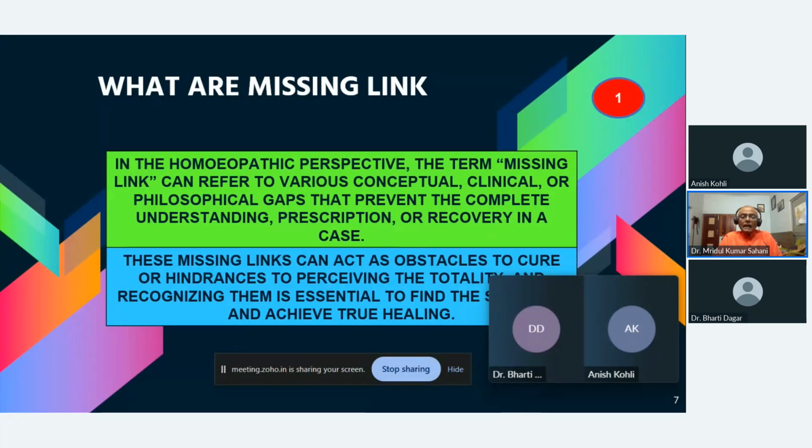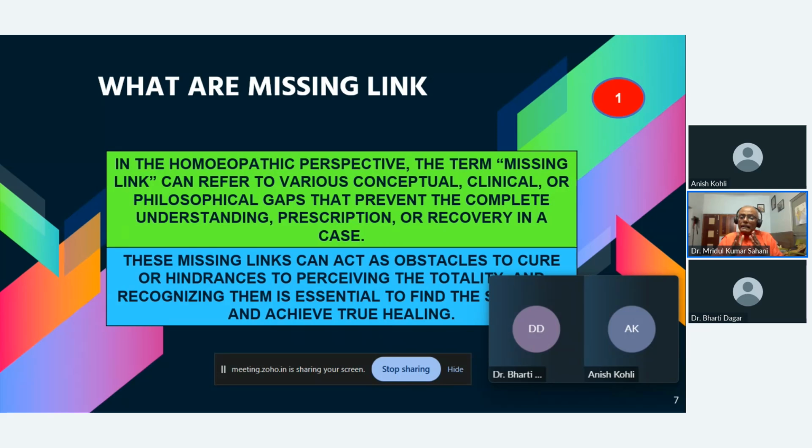In the homeopathic perspective, the term missing link can refer to various conceptual, clinical, or philosophical gaps. It is a gap that prevents the complete understanding, prescription, or recovery of a case. This missing link can act as an obstacle to cure or a hindrance in perceiving totality, and recognizing it is essential to find the similimum. So what is the missing link?